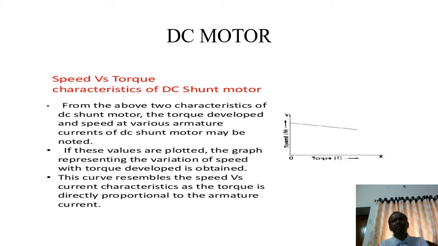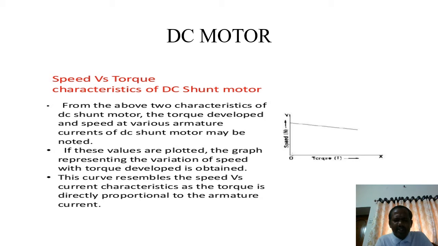Next, we have to get speed versus torque. From the above two characteristics of the DC shunt motor, the torque developed and speed at various armature currents of the DC shunt motor may be noted. You can note, when we are conducting this experiment, all these values and calculate.